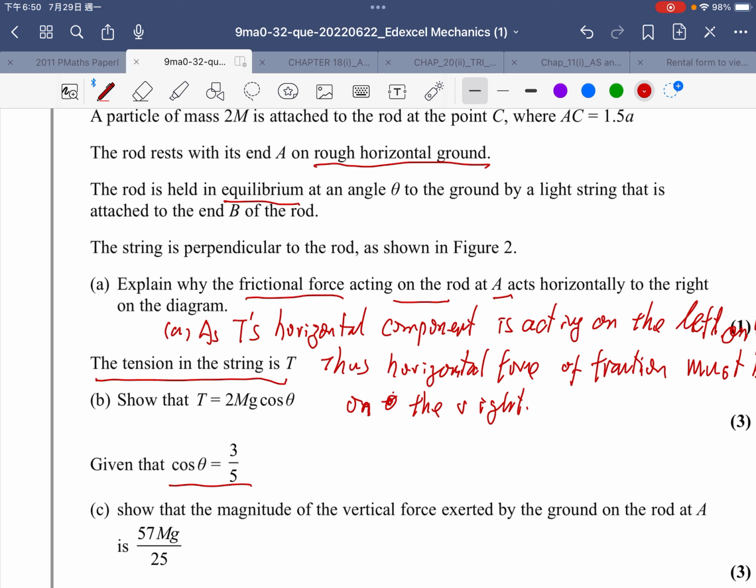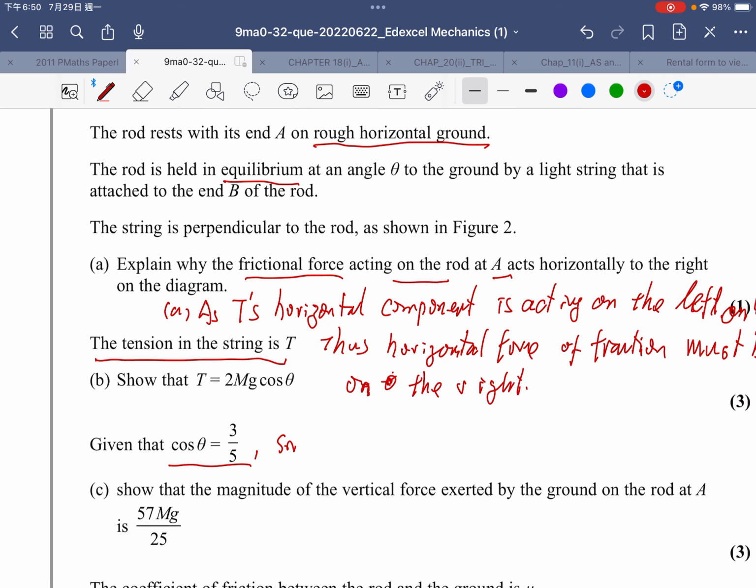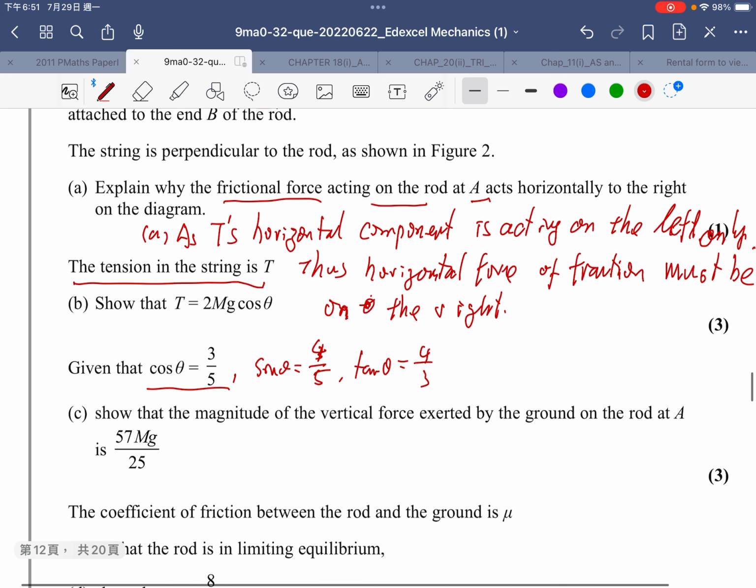And for the next part, given cosine theta equal to 3 over 5, it means sine theta equal to 4 over 5, and tangent theta is 4 over 3. I calculate this for the sake of convenience.